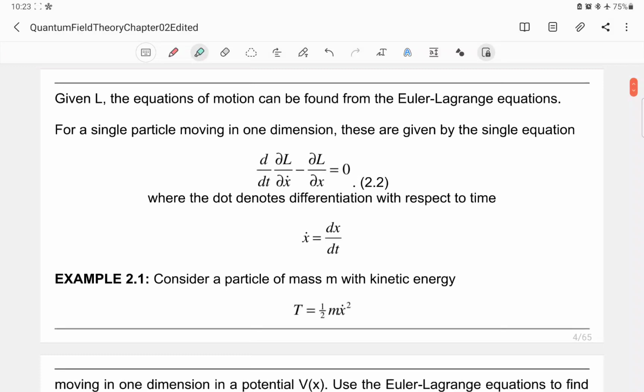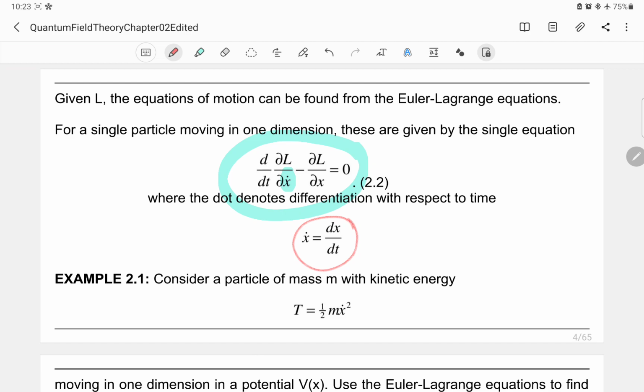Given the Lagrangian, the equations of motion can be found through the Euler-Lagrange equation. For a single particle moving in one dimension, the Euler-Lagrange equation is given by this. By the way, the dot here denotes the derivative with respect to time.